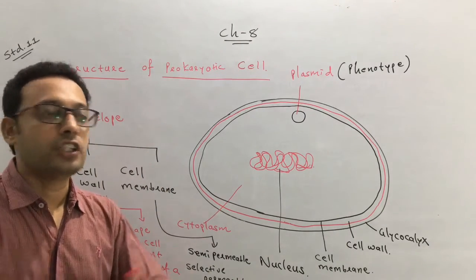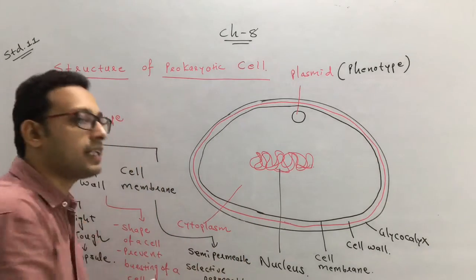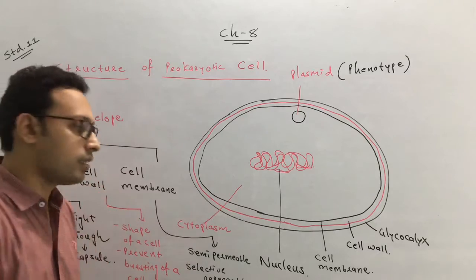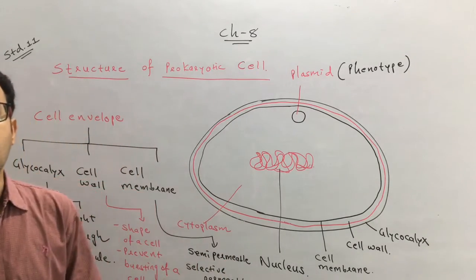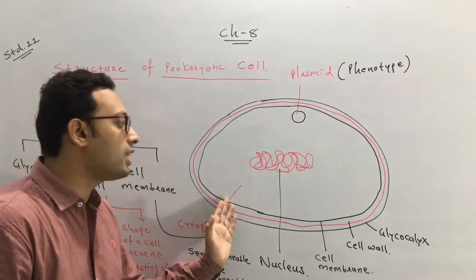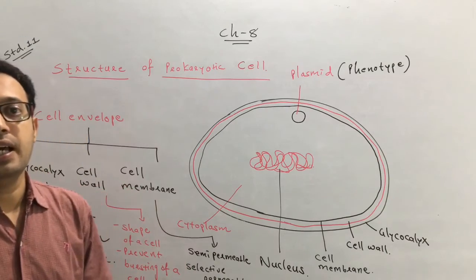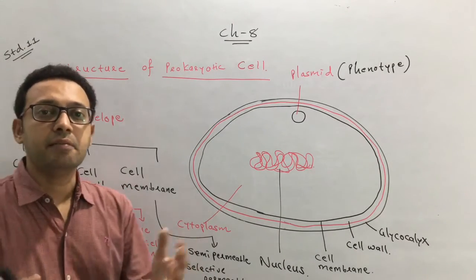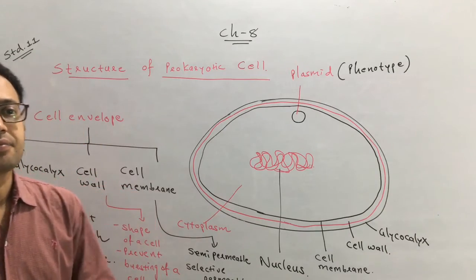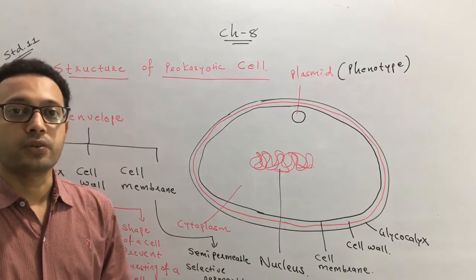Any molecule cannot travel through it; only selected molecules can. Being semi-permeable, it can also maintain osmotic pressure equal on both sides. This is the same as you can find in other types of cells, including eukaryotic cells.